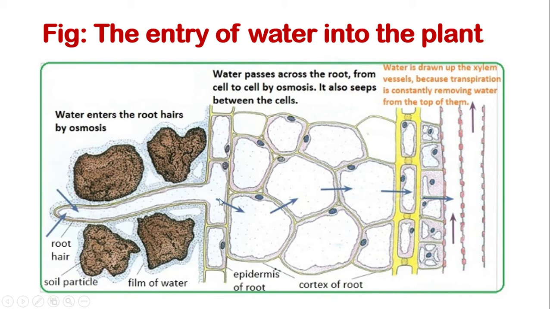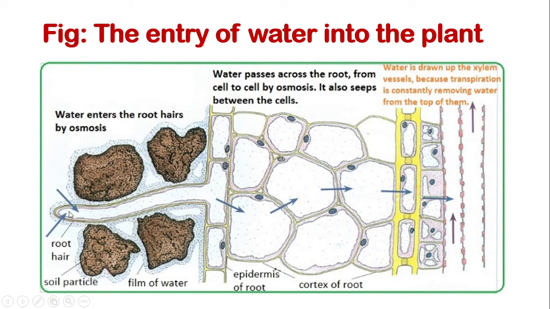This is the epidermal layer of the root, and this cell is the root hair cell. This is the root hair. The elongated part penetrating into the soil particles is the root hair. This is the region which is known as the cortex, and this is the xylem.